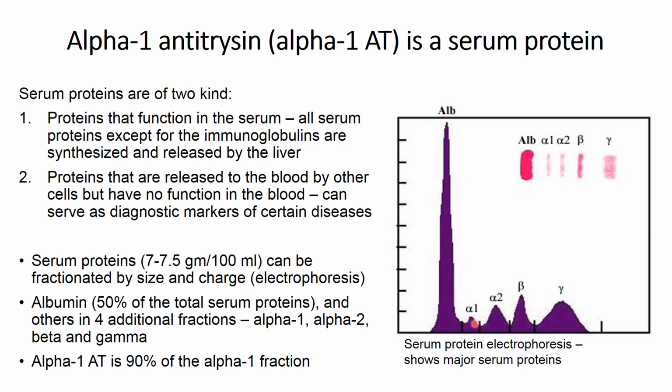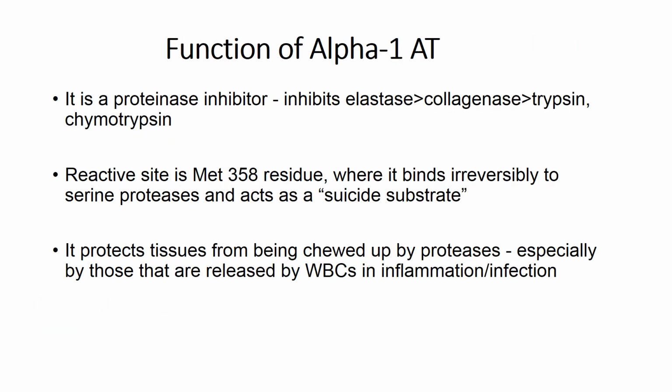Alpha-1 antitrypsin was named by the fact that 90% of the proteins that run under the alpha-1 peak is actually this serum molecule, alpha-1 antitrypsin. The function of alpha-1 antitrypsin is being a proteinase inhibitor. It inhibits proteinases, enzymes, that are released especially by white blood cells to the serum.